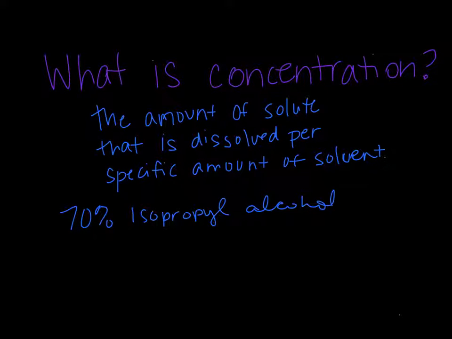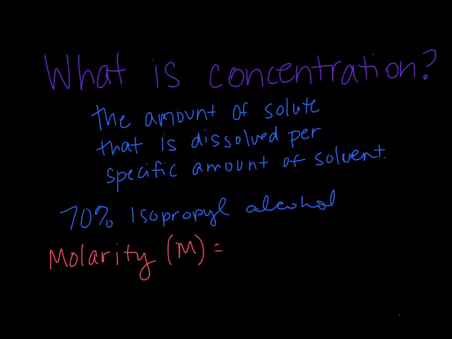But the concentration that we typically use in chemistry is not a percentage like these are. These are usually mass percent or volume percent. So what we use in chemistry most of the time is called molarity. And molarity is represented by a capital M, not a lowercase m, that's something different.